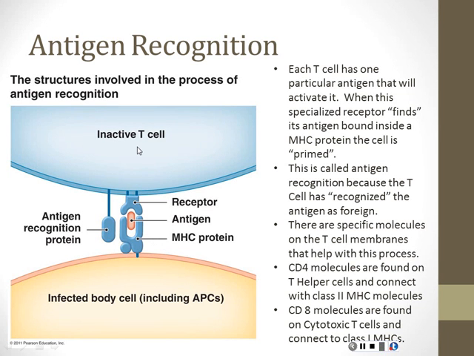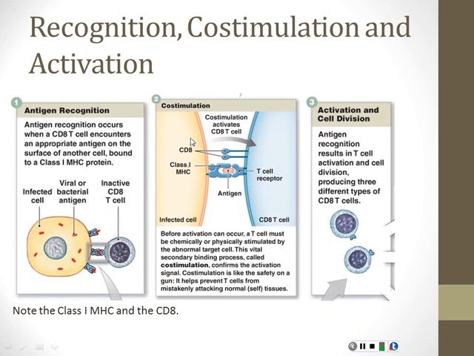So the T cell finds the antigen it's looking for in a class 1 or a class 2, depending on what kind of T cell it is, and then it's activated. So that's this piece. And then we have what's called co-stimulation, which is sort of complex in how it works. But we don't want the immune system to respond unnecessarily because it's a killer.